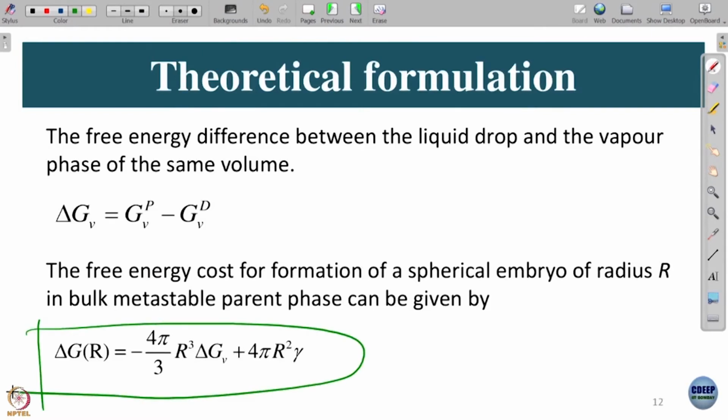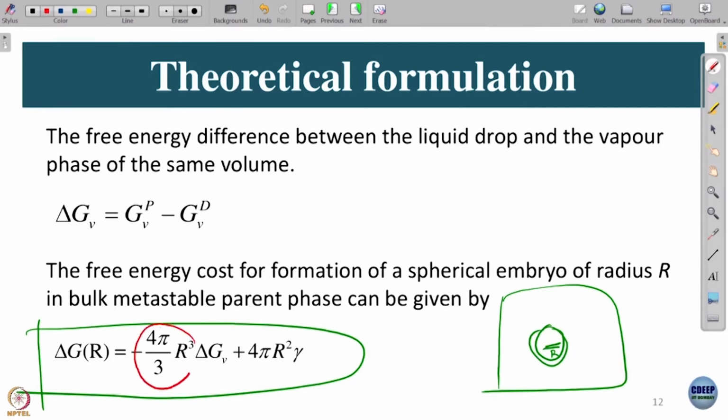The basic equation is that if I want to create a nucleus of radius r in a new phase, then my volume is 4 pi by 3 by r cube, and delta GV is the difference.